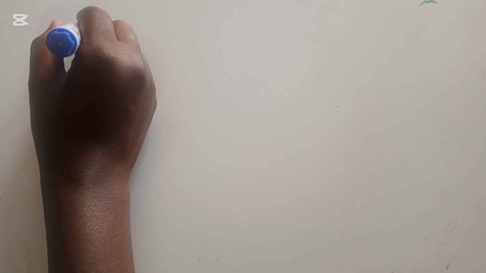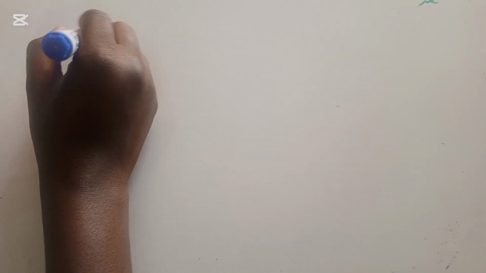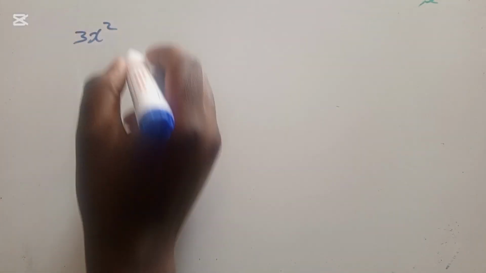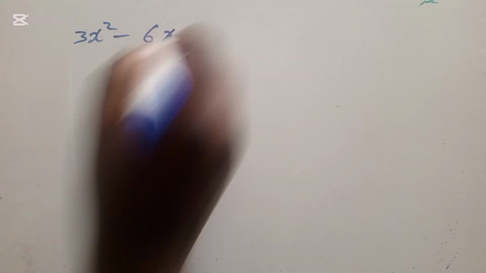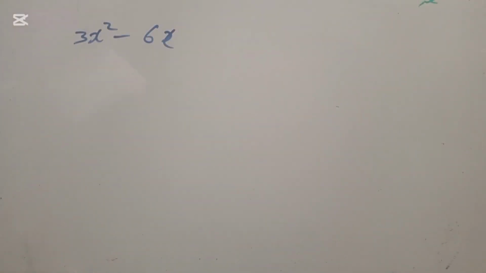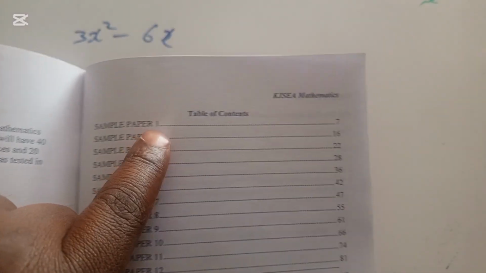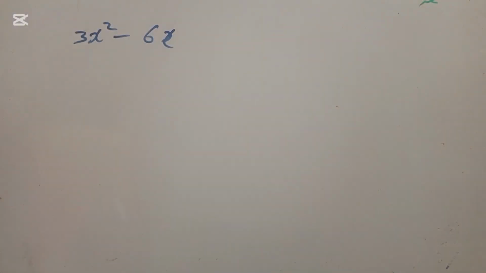So you have 3x squared minus 6x. Remember, I also handled this question in a video where I discussed sample paper 1 section A. This sample paper 1 section A is discussed in a video here on this channel.